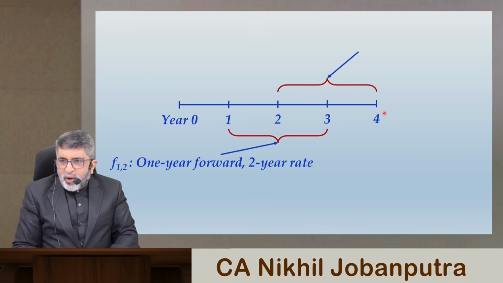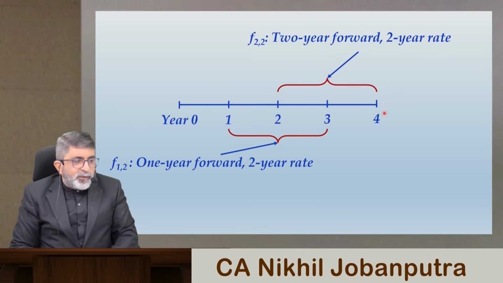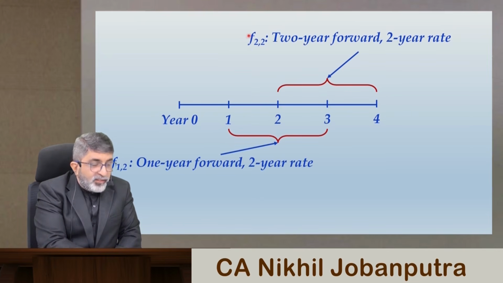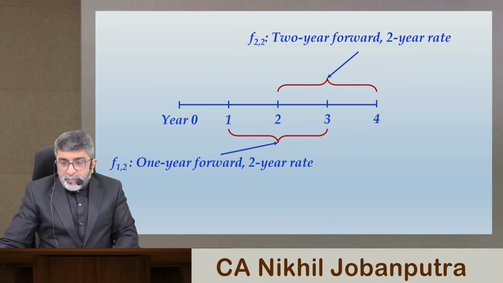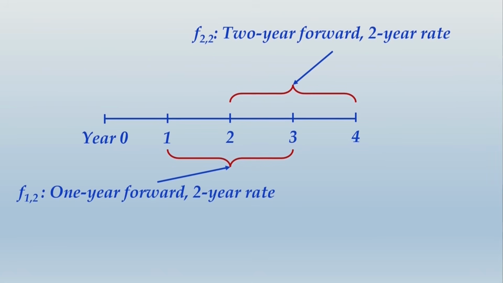Based on what I see from students attending online, most of you are correct. Very good. It will be a 2 year forward 2 year rate, and it will be symbolically presented as small f2, 2. So small f2, 2 indicates that borrowing will start after 2 years and it will be for a period of 2 years. Even though this is something very small and simple, I would want you to still note it down for your reference.